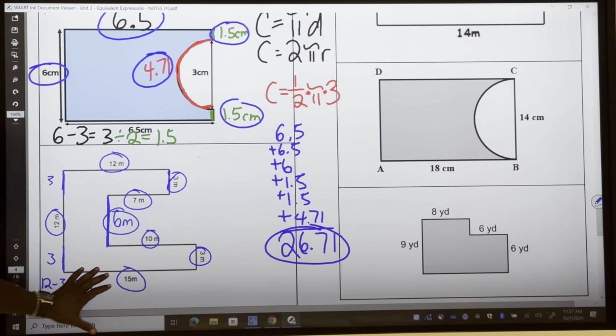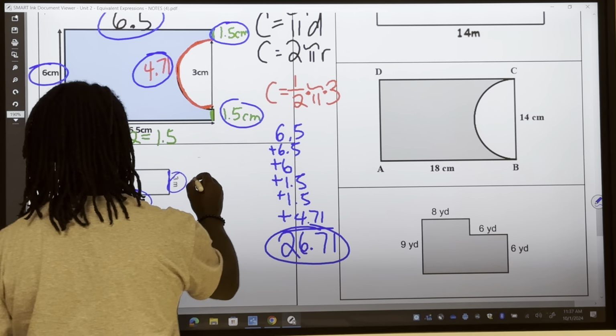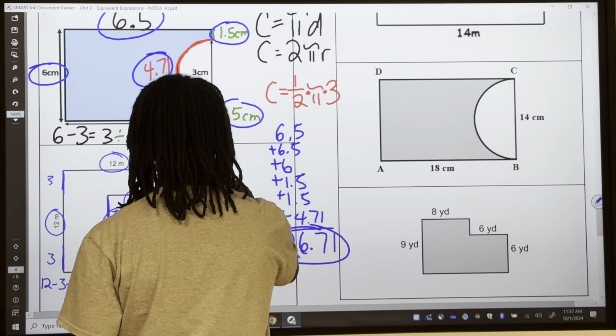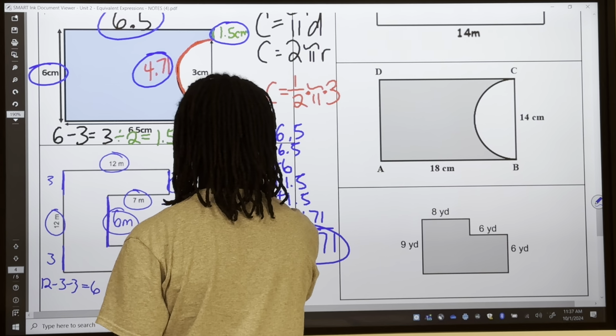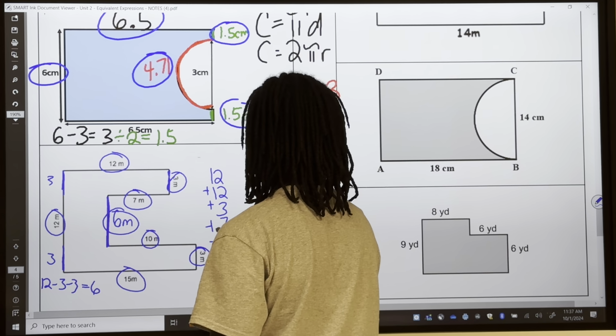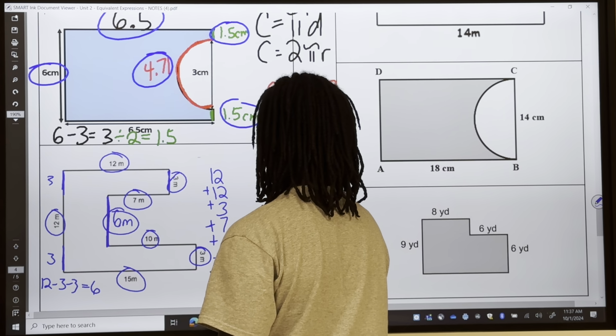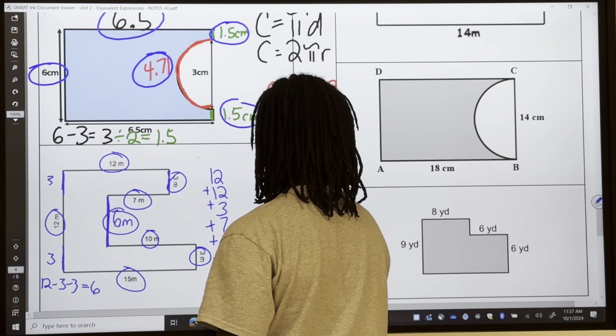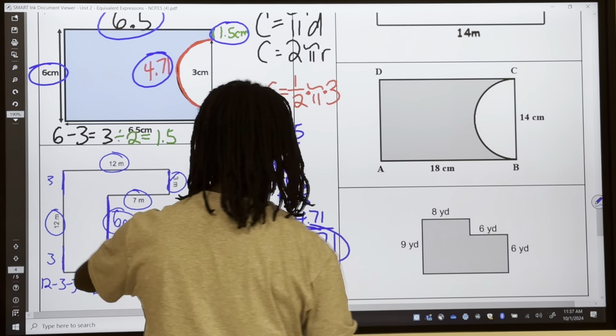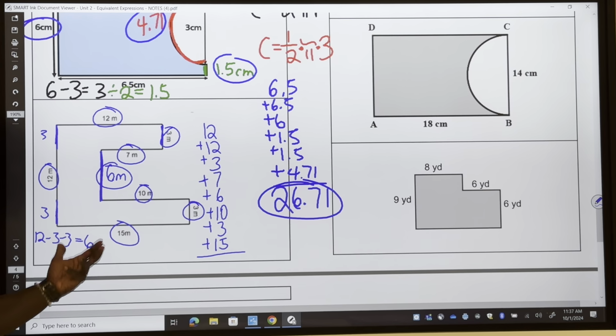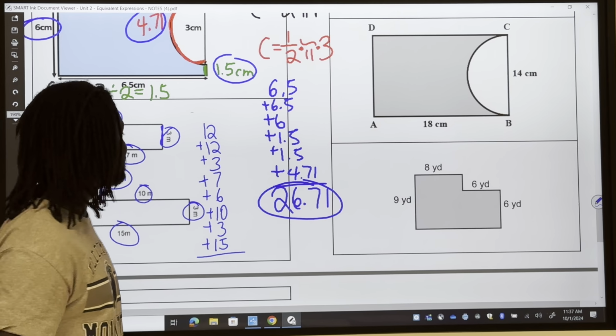All right, so I'm adding up all of the sides, right? So I've got 12 plus 12 plus 3 plus 7 plus 6 plus 10 plus 3 and then plus 15. And friends, listen, I know that's a lot of numbers. You've got to make sure that you don't leave any out.